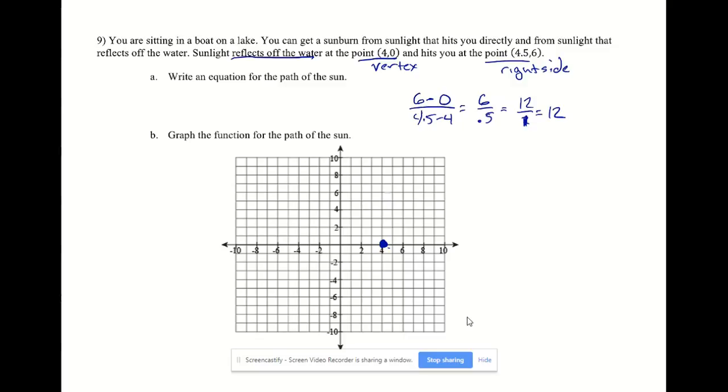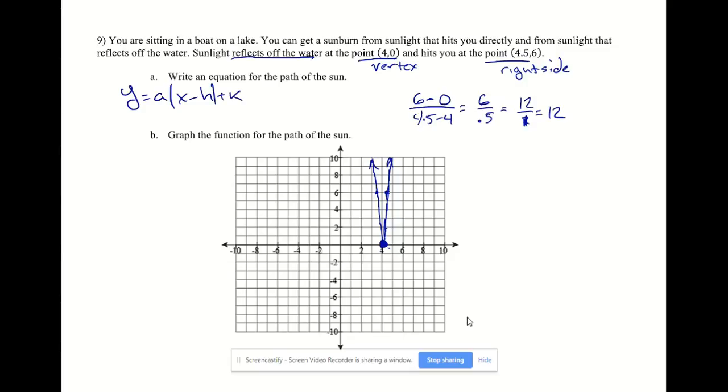But we can use our axis of symmetry. Since 4 is our axis of symmetry, we can come right here and draw another dot. And our graph is going to be a very, very tight absolute value function. Now our vertex, remember our formula is y equals a absolute value of x minus h plus k.